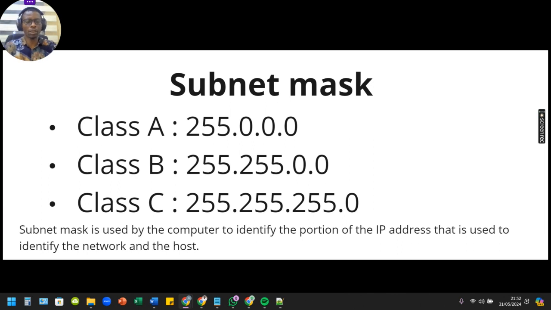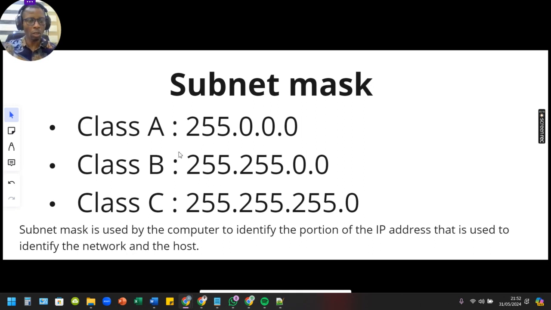We can even separate your address into two. This portion is the street, and this portion is the block or the building or the flat. Similarly, the same applies to IP version 4 and even IP version 6.